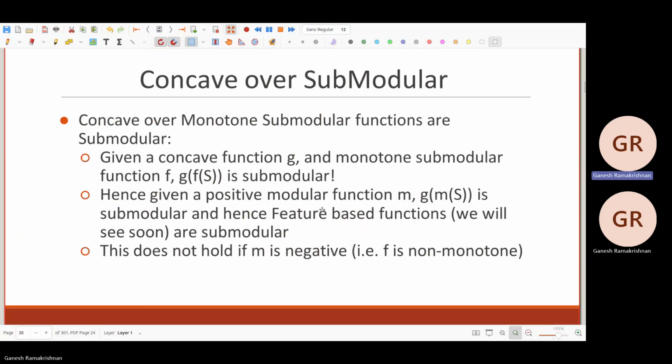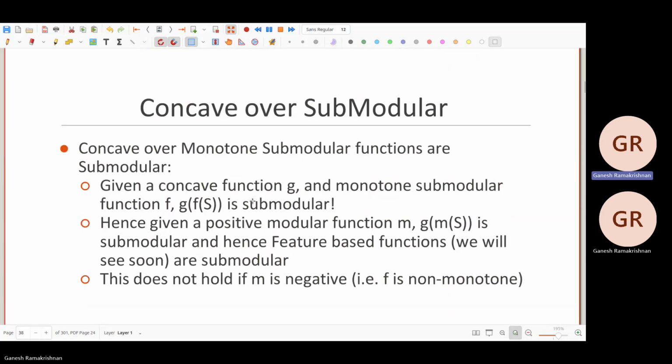I'm going to stop with this last slide. One of the very interesting compositions is the concave over submodular. So if you take a modular function, even, let's say cardinality, and put a square root of cardinality, right? What is square root? Is it convex or concave? Sorry? Concave.